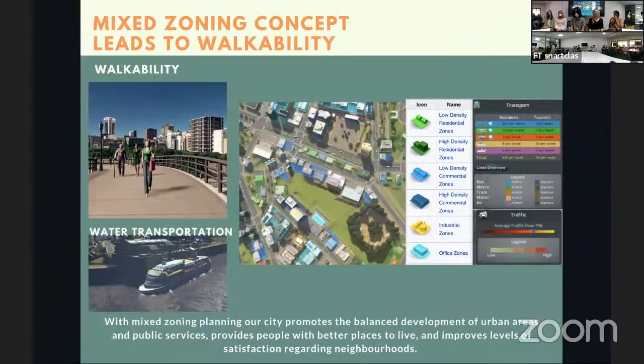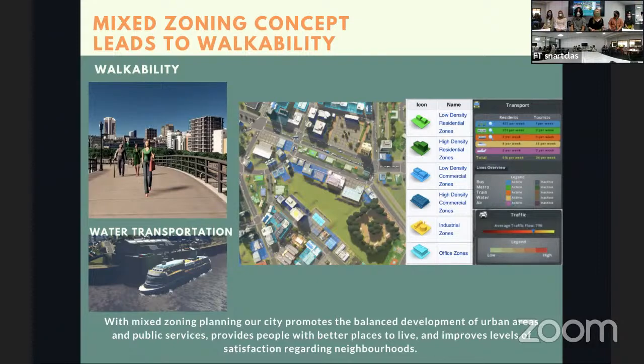As previously said, we use the mixed zoning concept, which leads to walkability. The concept of the mixed zoning approach is that we combine more than one zone in one region or neighborhood. For example, we combine the commercial area with the residential area, or we combine the office area with the commercial area too.